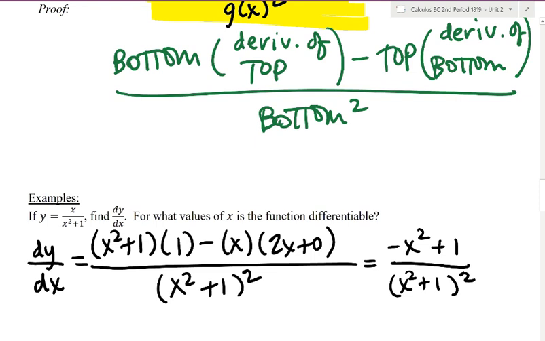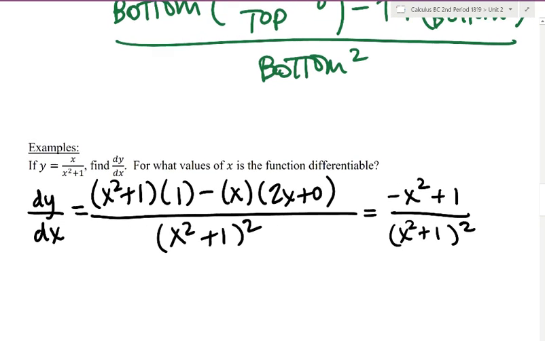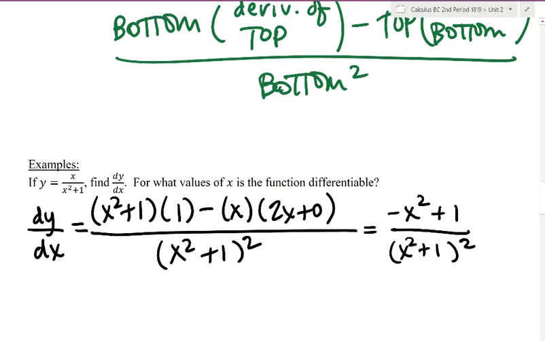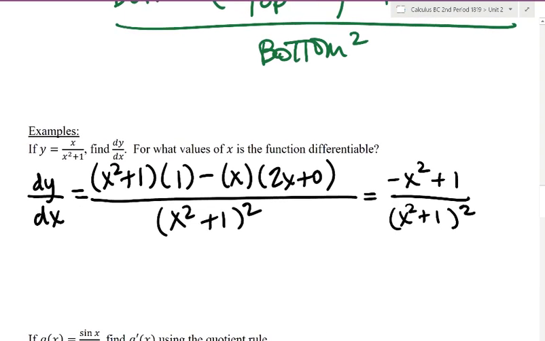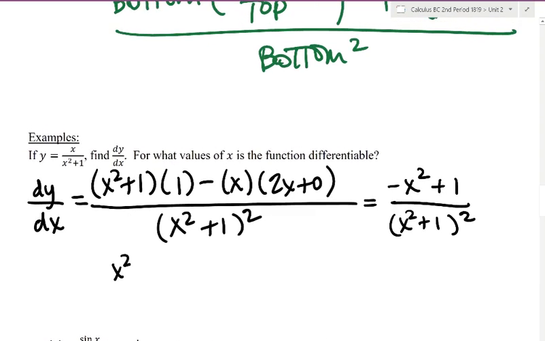As to the question of which values of x the function is differentiable, it'll be differentiable just as long as dy/dx is defined. And the only thing that I can see that would prevent dy/dx from being defined would be if the denominator was 0. So I'm going to check where the denominator equals 0.